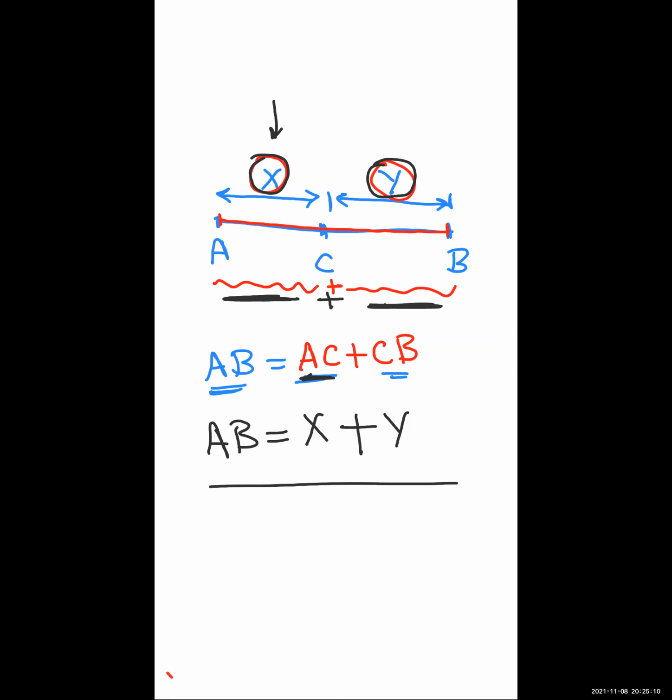Okay, concentrate on the next one. In the previous question, X represented AC and Y represented BC, right? Exactly, it's the length of AC and the length of CB.